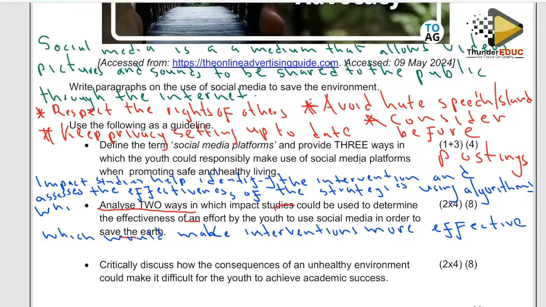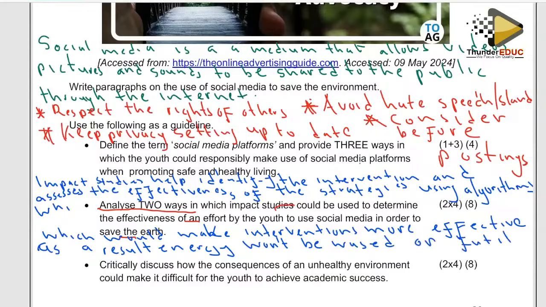As a result, energy would not be wasted on futile or unproductive efforts, on futile efforts. So that's the first part.